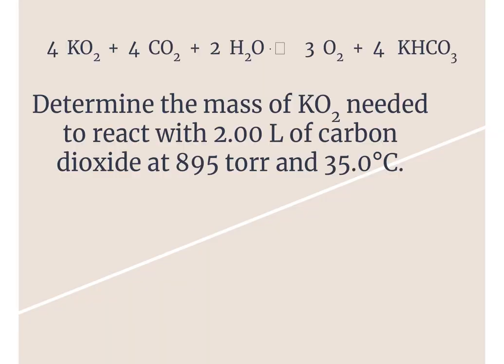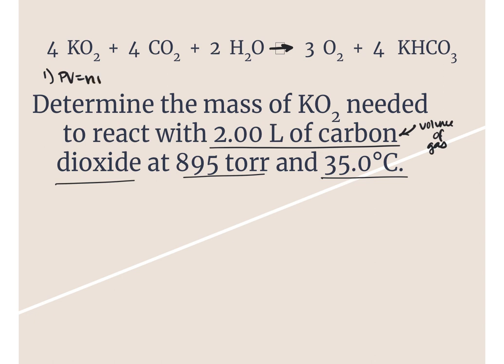So let's say we are trying to solve this problem. We want to determine the mass of KO2 needed to react with 2 liters of CO2 at 895 torr and 35 degrees Celsius. Because I'm given volume of the gas, first I want to use PV equals nRT to find moles of CO2.